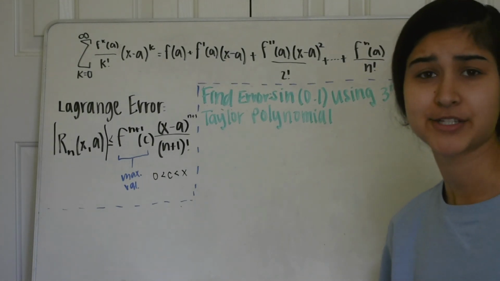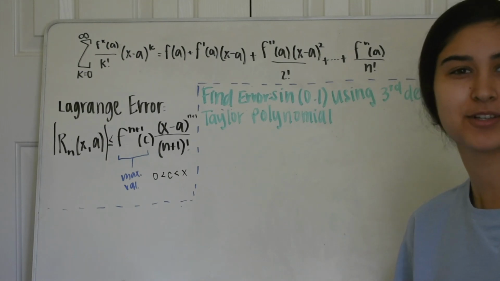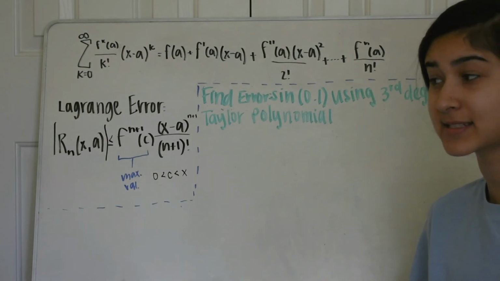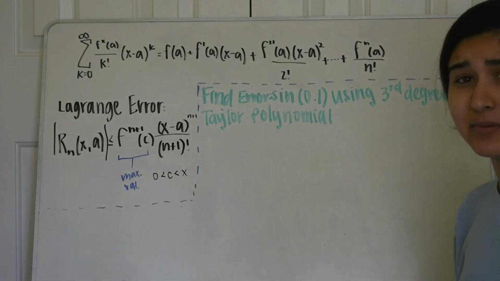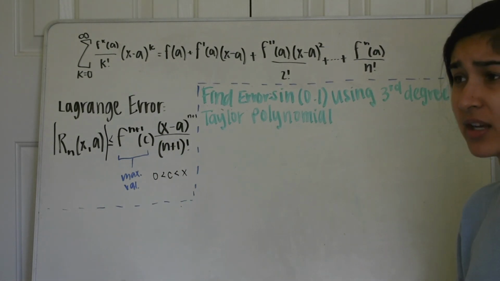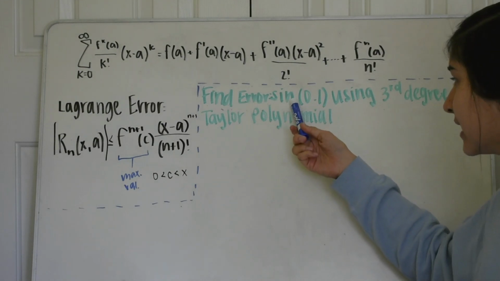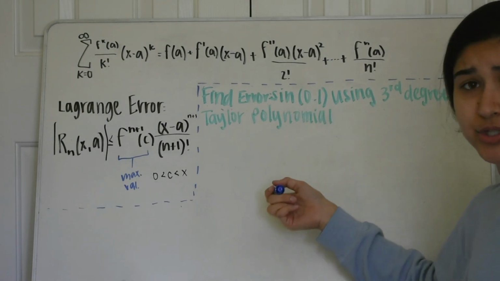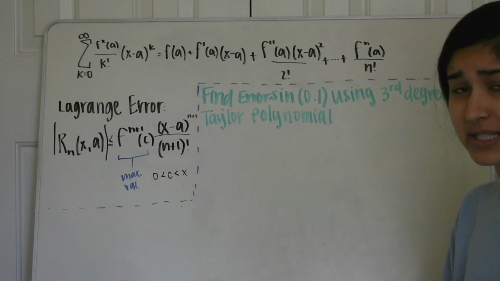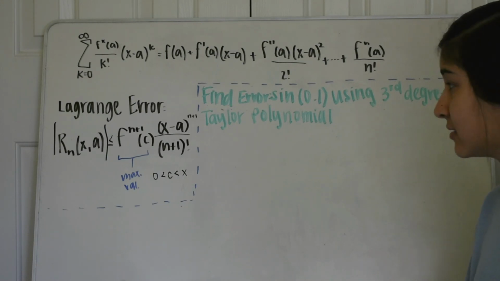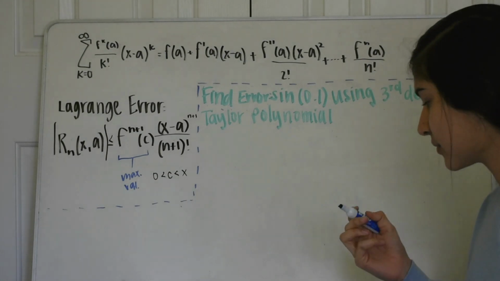The next application of Taylor-Maclaurin polynomials that you'll see on the AP Calculus BC exam is with Lagrange error. So this problem is asking us to find the error if we were to calculate sine of 0.1 using the third degree polynomial. Well, we've had to memorize what the Taylor polynomial form of sine of x is.